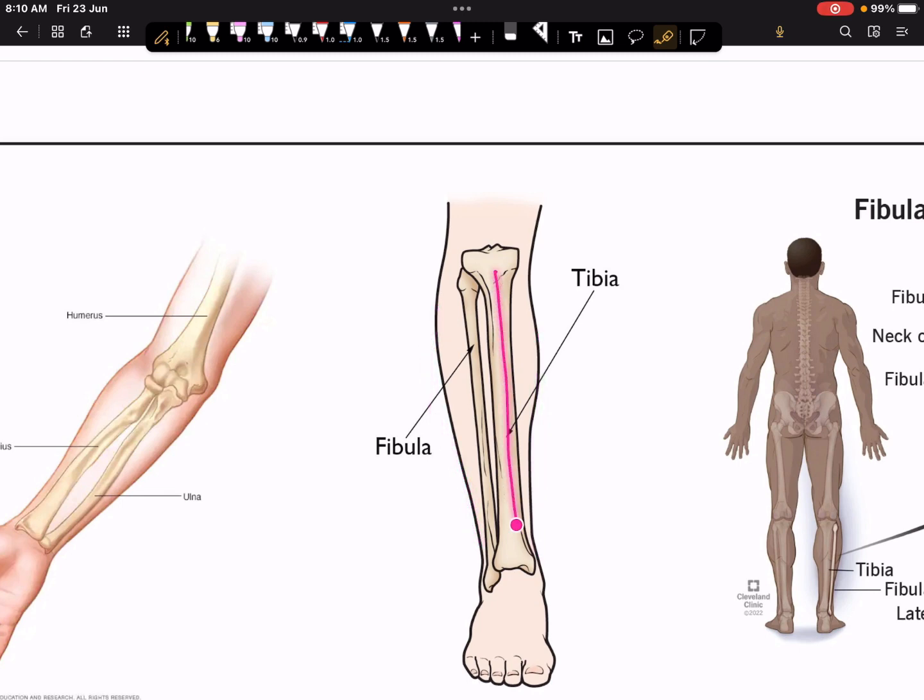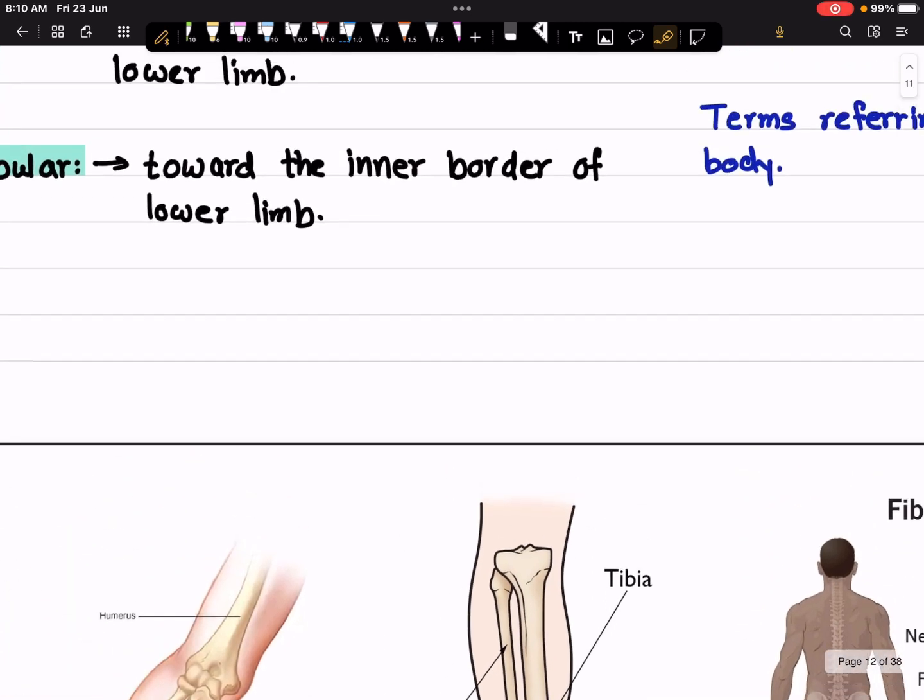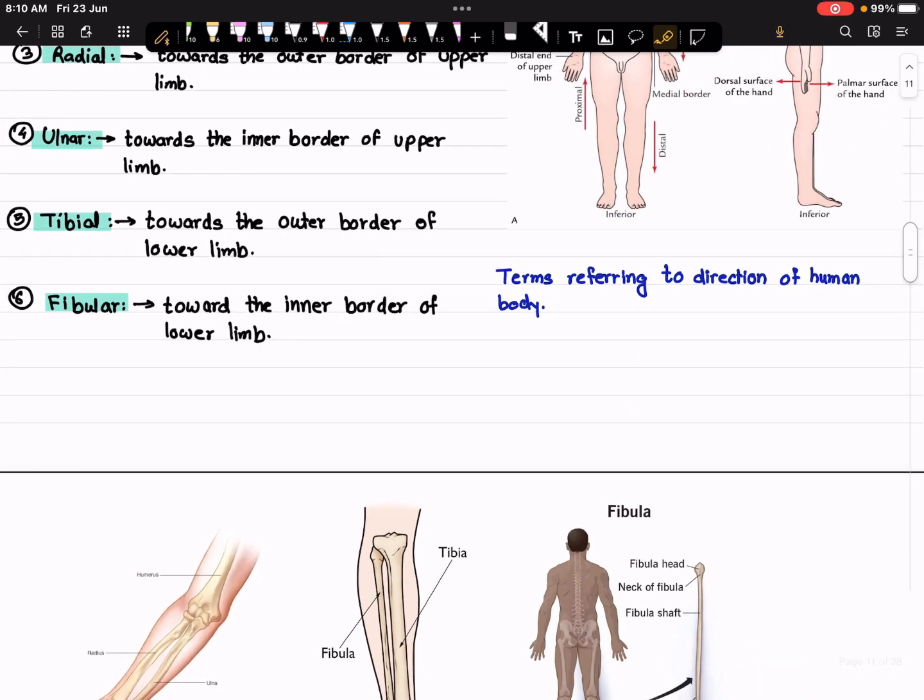The tibia is placed slightly anteriorly, and when we observe our leg, the prominent part is towards the anterior and the outer aspect of the body, and the fibula is slightly lateral and posteriorly placed. So tibial is towards the outer border of the lower limb, and fibular is towards the inner border of the lower limb.